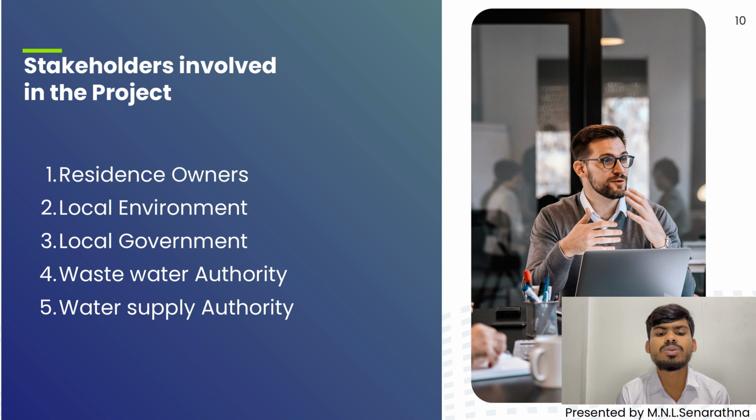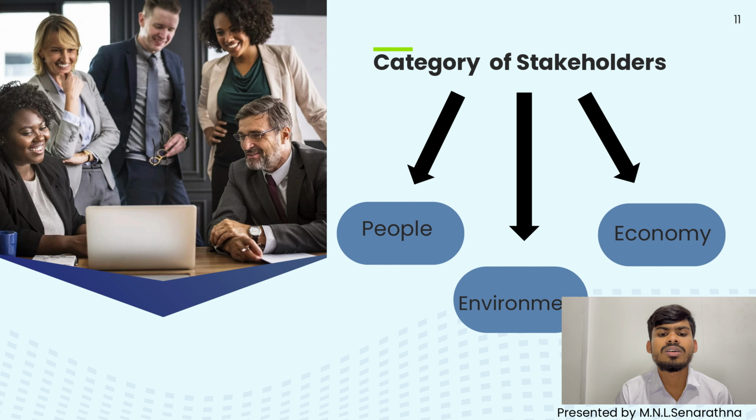We are able to categorize stakeholders into three main categories. They are people, environment and economy. The people category includes residents, technicians and government.